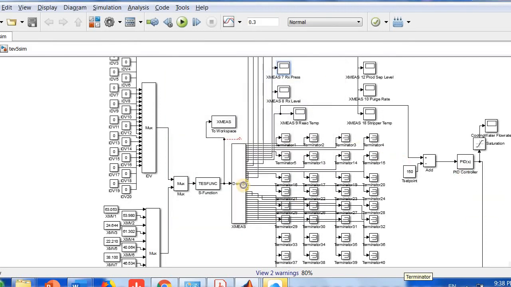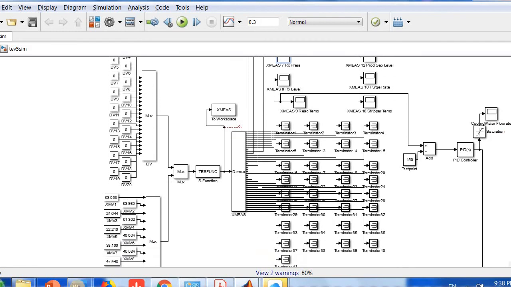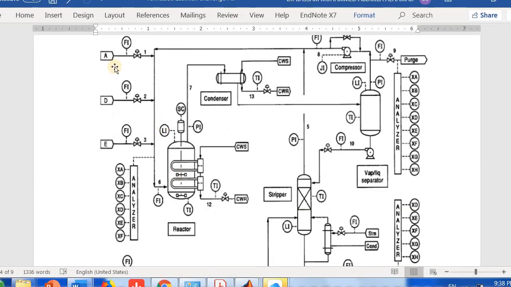There are reasons why this is happening. The reasons are as follows. The first thing you need to do in your project is to consider the inventories. That means try to put a feed controller on all of your inventories.